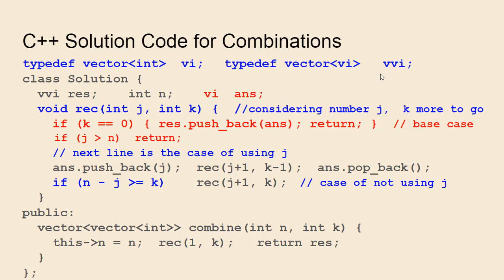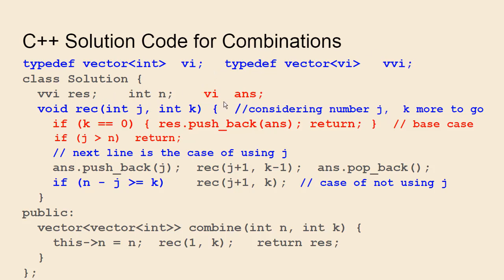So this slide gives the solution code for combinations in C++. In order to have more succinct code, oftentimes I redefine the vector of int, which is essentially an array list of integer in Java, as vi, and vector of vector of int as vvi. So this is a 2D integer array.